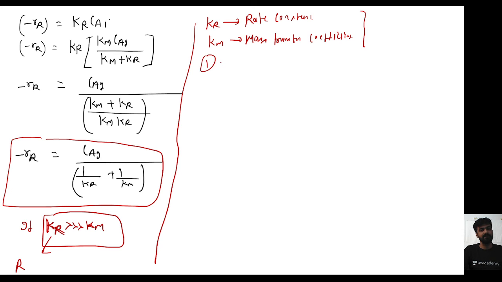So first I am assuming Kr is very much greater than Km, you can write 1 upon Kr is very much less than 1 upon Km. Are you getting it? So 1 upon Km will be tending to 0.